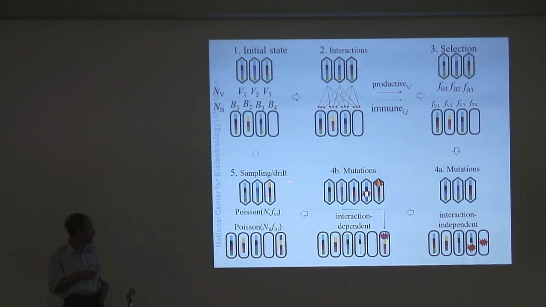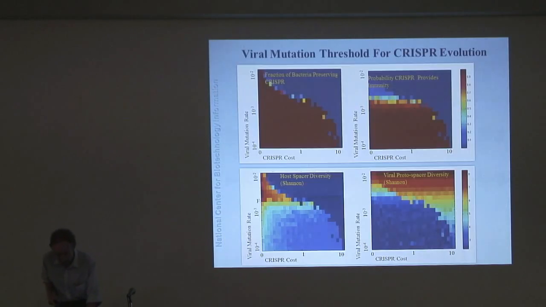And there is genetic drift as an important component of the model, which we approximated with the Poisson distribution. So once you implement all these processes in a relatively simple algorithm, you can run evolution in the computer for a great number of generations.